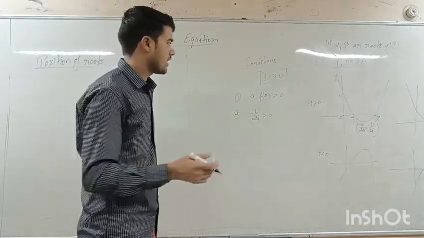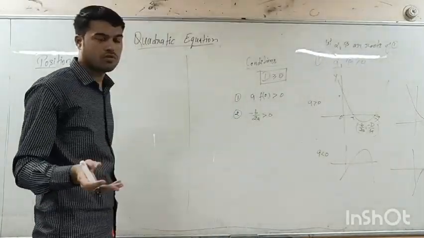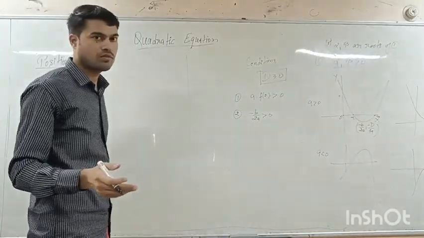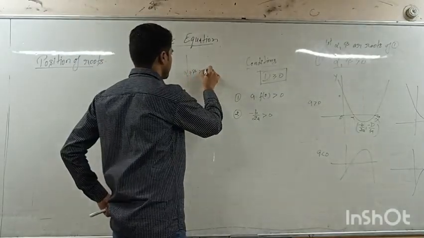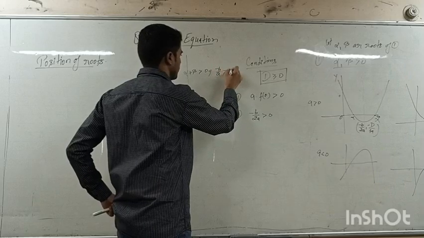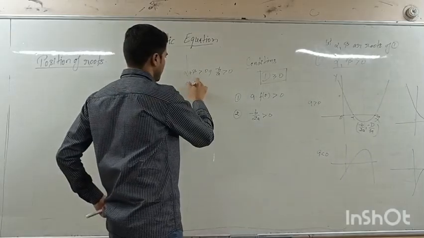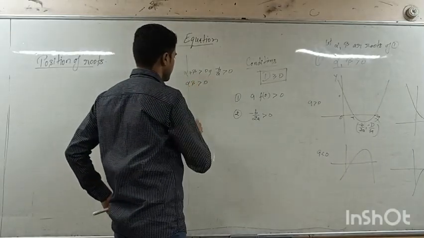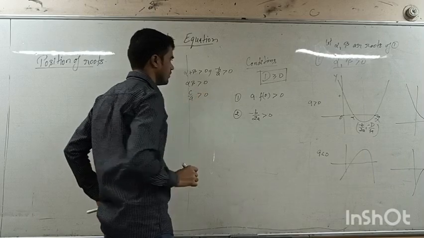So from the sum of roots and product of roots concept, alpha plus beta greater than 0 means minus b by a is greater than 0, the same thing we said here, and alpha beta greater than 0 means c by a will be greater than 0.